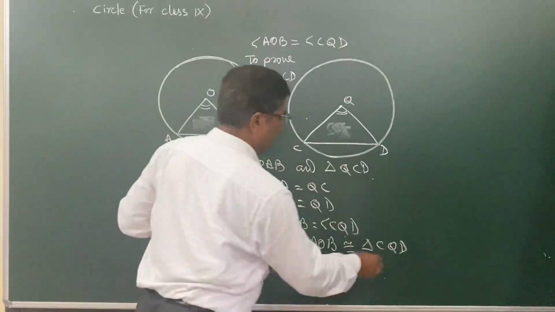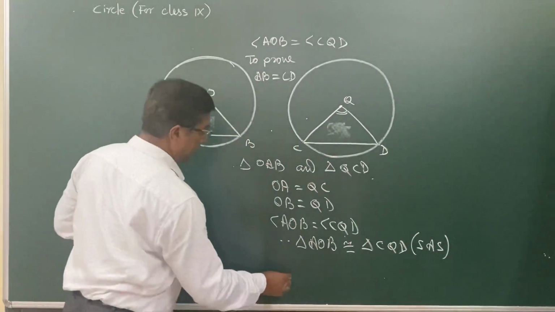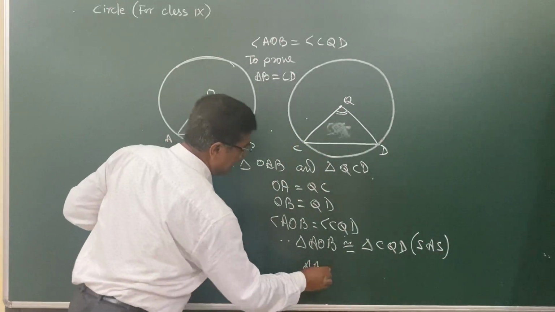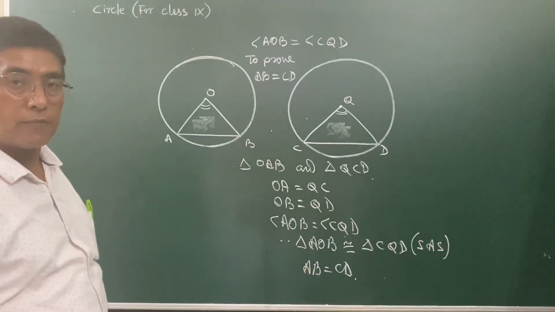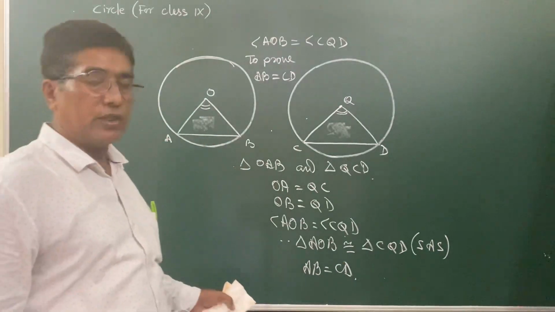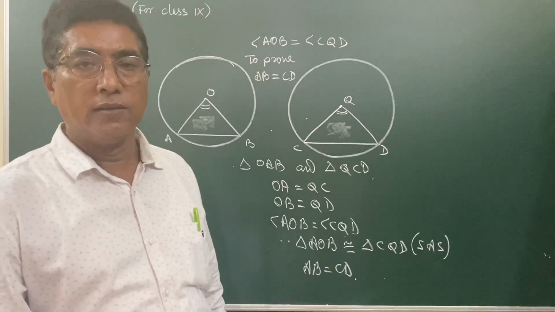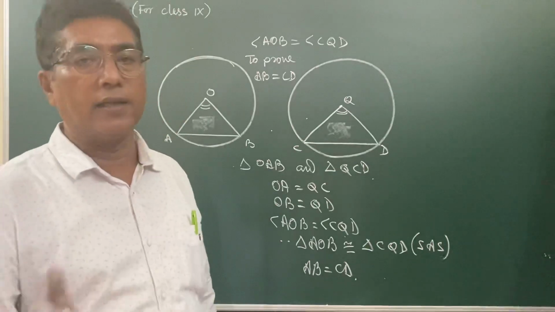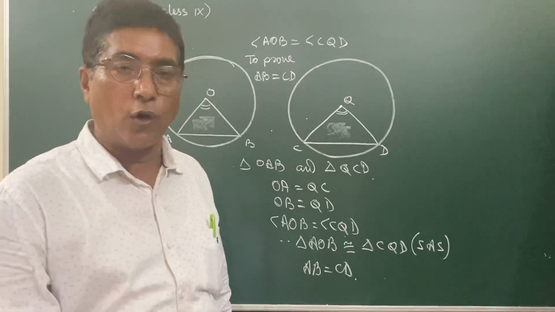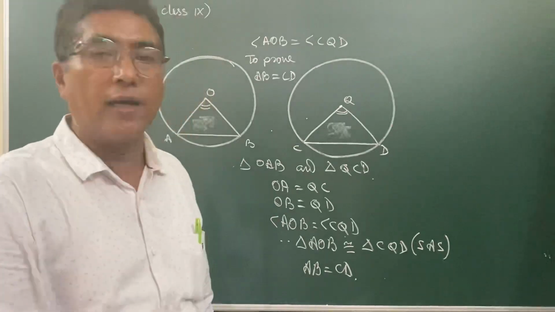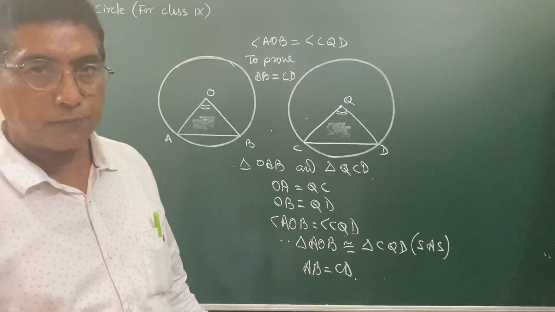Since these two triangles are congruent, AB and CD are equal. So we come to the conclusion that in congruent circles, if chords are equal, they will subtend equal angles at the center. And if two chords subtend equal angles at the center, then the chords are equal.